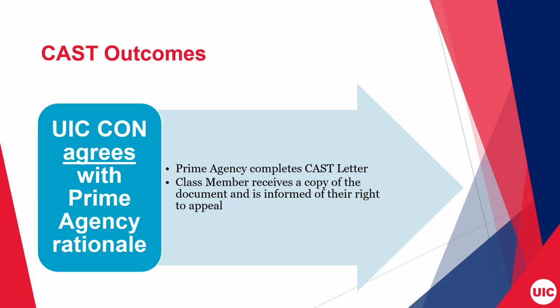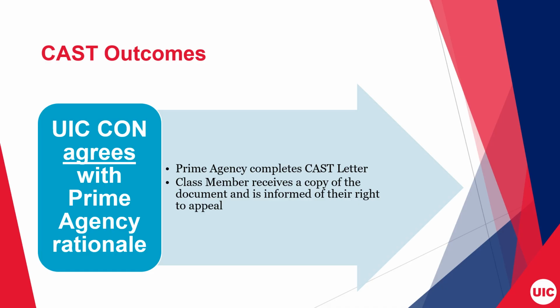If UIC-Con agrees with the decision following the desk review, the class member can be notified that they are not proceeding towards transition at this time, using the CAST letter available in the web app library. The prime agency submits a completed copy of the CAST letter to the class member, legal guardian, if any, and facility, and maintains a signed copy on file.